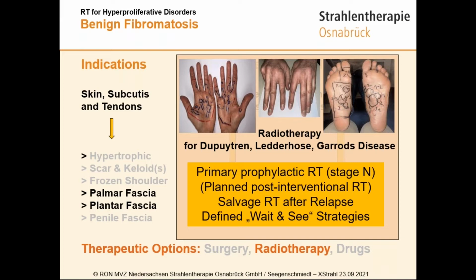It is also considered to be optional as a salvage radiotherapy after relapses, either after surgery or radiotherapy. However, most important, the majority of cases will never require radiotherapy and have to be followed by defined wait-and-see strategies.